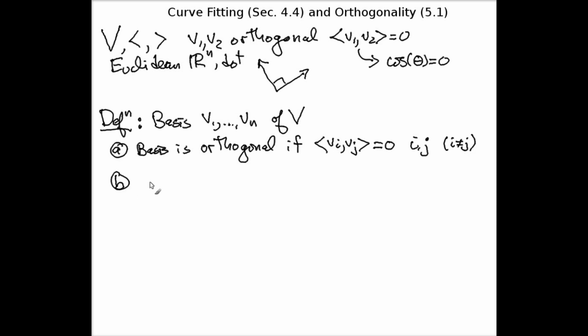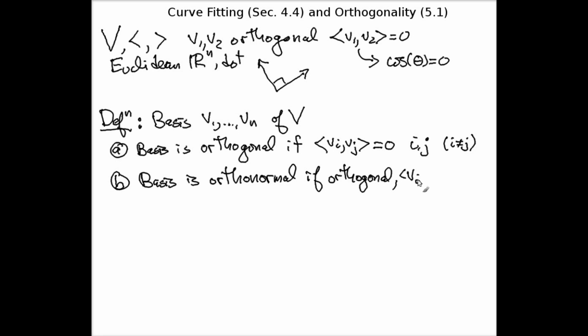And second of all, we say that this basis is orthonormal if it's, first of all, orthogonal, and second of all, all of these vi's have length 1.